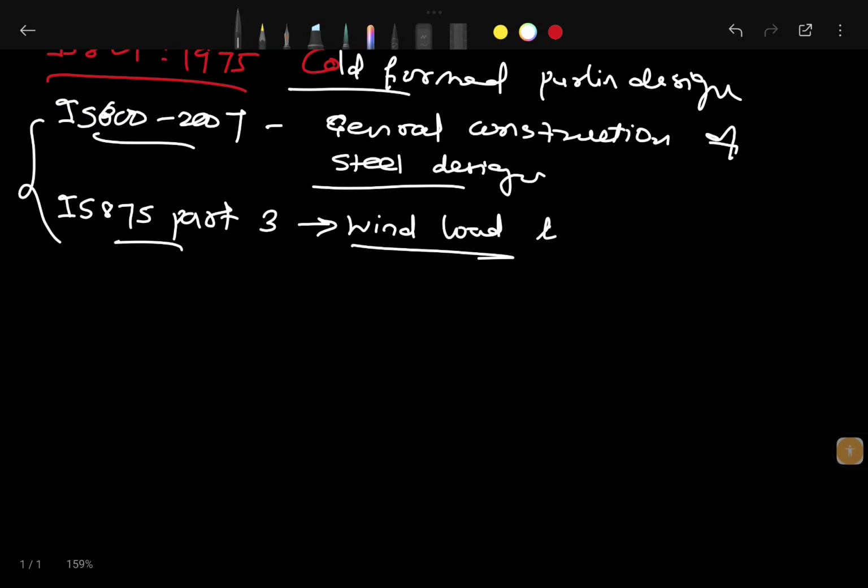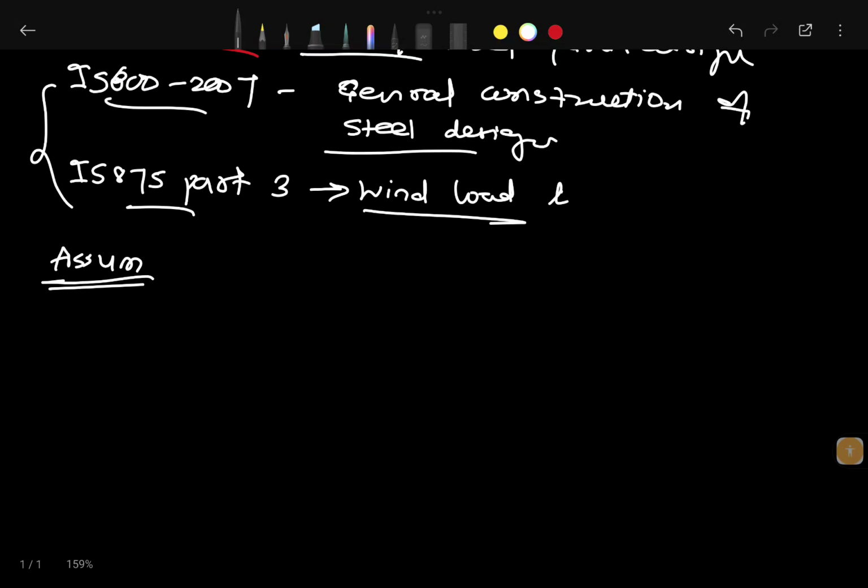Here the assumptions, or given data, are: purlin span between supports.